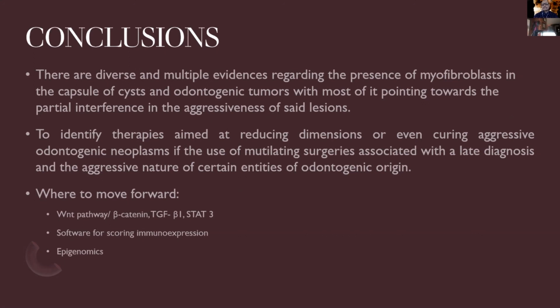Where do we have to move forward? Well, not only looking for SMA in the capsule or in the stroma of these kinds of tumors, but also looking at the WNT pathway, beta-catenin, making a correlation with transforming growth factor beta and also STAT3.